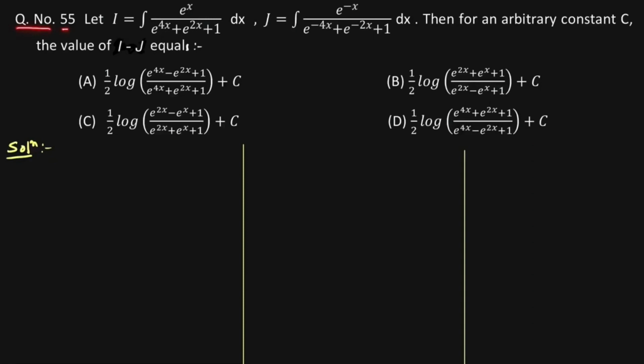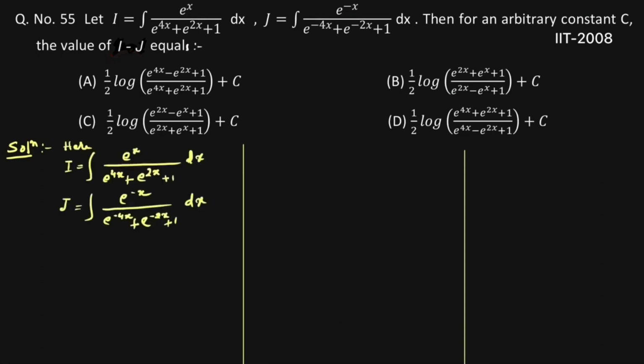Question number 55. In this question, I is equal to this and j is equal to this, and c is our arbitrary constant. Then we have to find the value of I minus j. So let's see the solution of this question. First of all, we convert all the negative powers from j to positive.